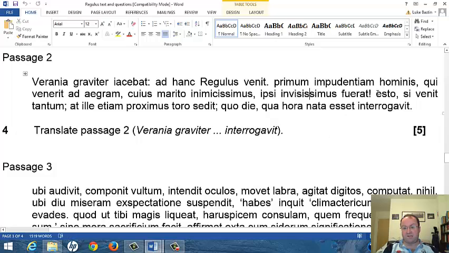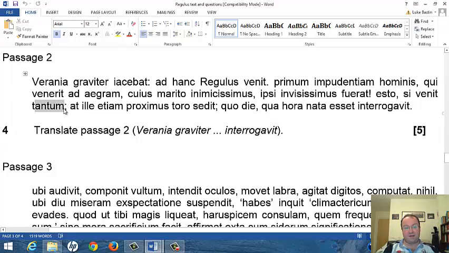Okay, esto. Esto is the imperative of to be. Okay, it's the imperative from esse, and it's singular as well. So esto means let it be, literally. We'll come back with a better meaning in a moment. Si venit tantum. Si means if. Don't make the mistake of thinking you're doing French or thinking you're doing Spanish. You're not. Okay, it does mean if here, not yes. So don't do that. But if venit tantum.